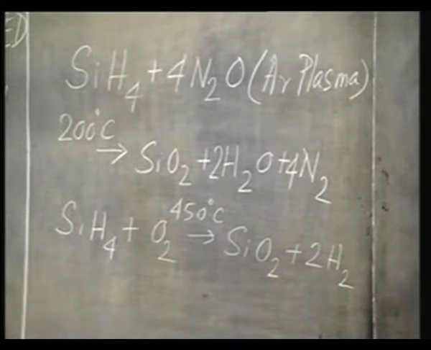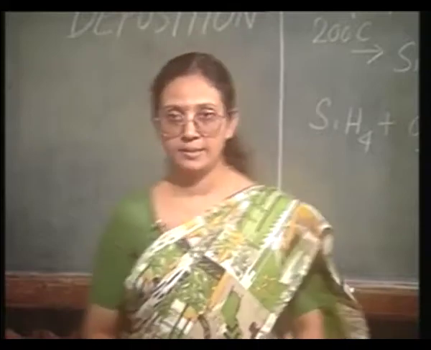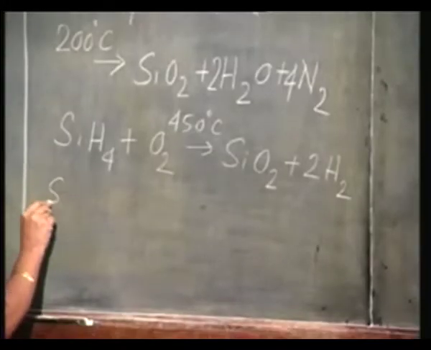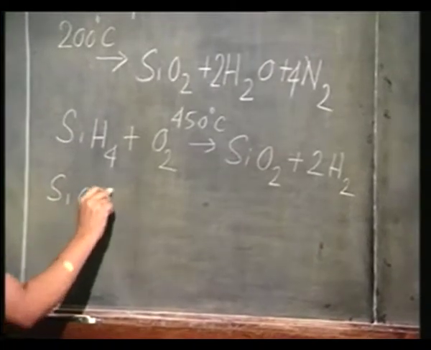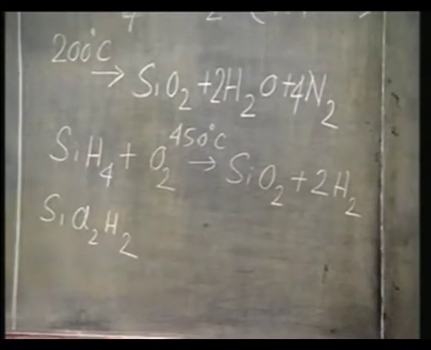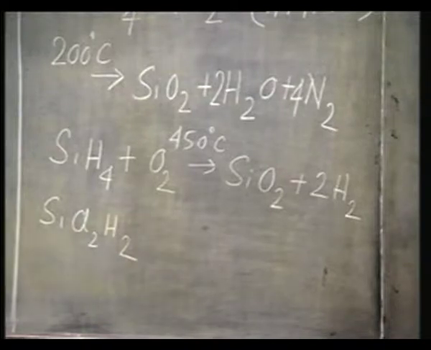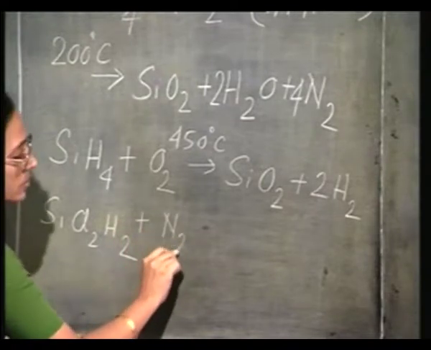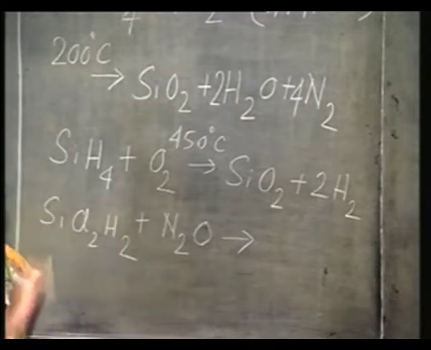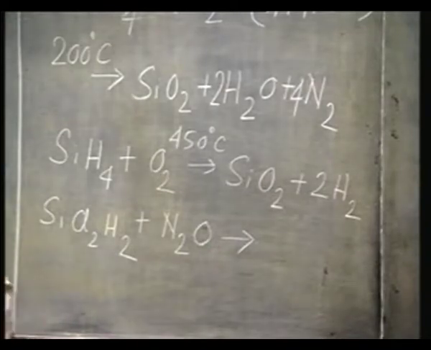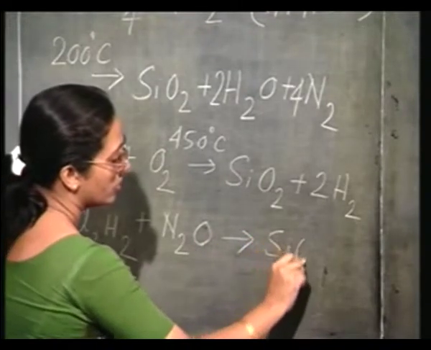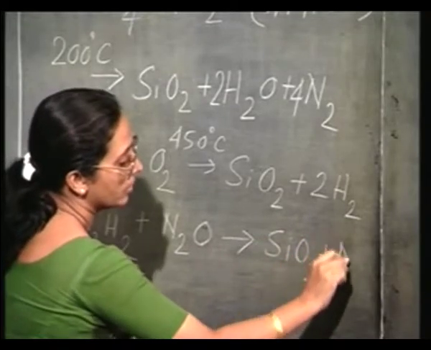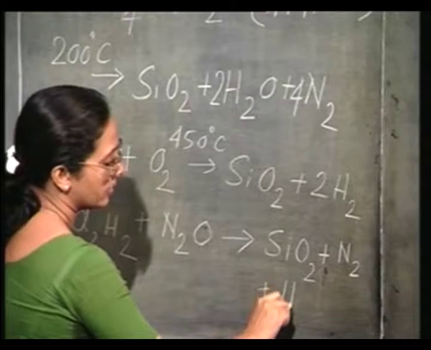Instead of silane, you can also use dichlorosilane. Dichloro, that is 2 atoms of hydrogen is replaced by 2 chlorine atoms, SiCl2H2, and you can make it react again with nitrous oxide. That will again give you SiO2 plus nitrogen plus HCl.